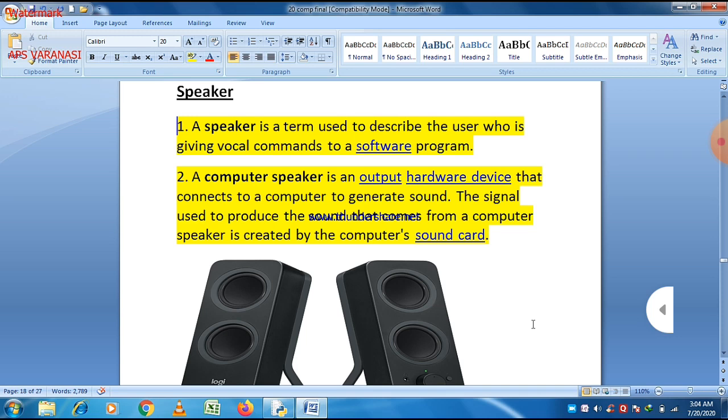And other output devices such as speakers are not very much asked in examination, because everyone knows the functioning of a speaker. So the most important topics regarding output devices are types of monitors, types of printers, and working of a projector. And the most important question regarding a plotter is asked so many times in examination.